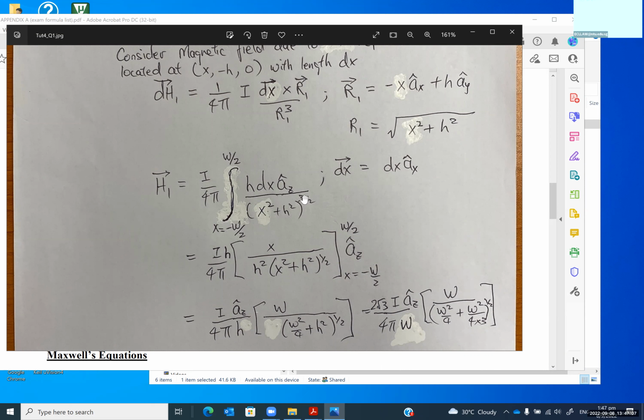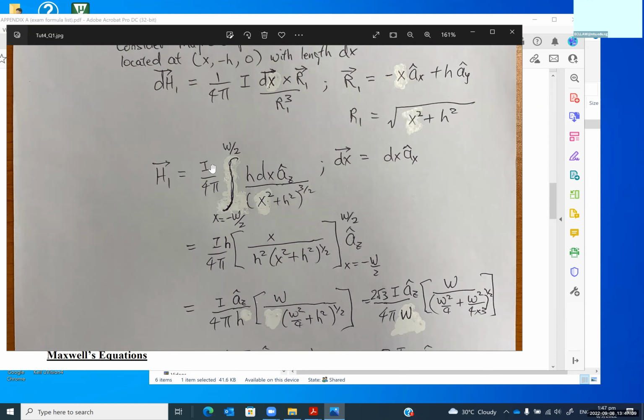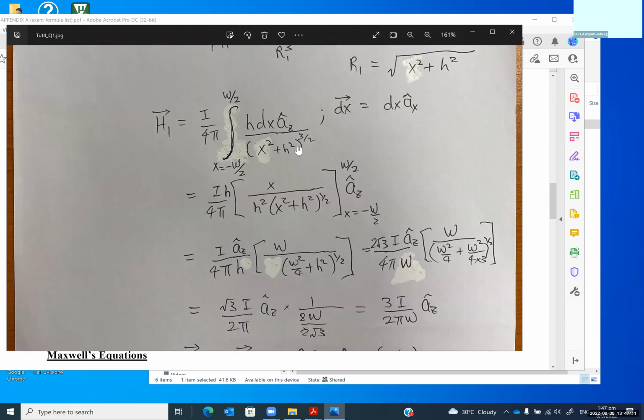Once you formulate up to here, the rest is just algebra. You look at the things that are constant with respect to x. h is constant, so h, I, and 4 pi are all constant. Actually, aZ is also constant, so aZ can also come out, or you put it on the other side, up to you. aZ is a unit vector.